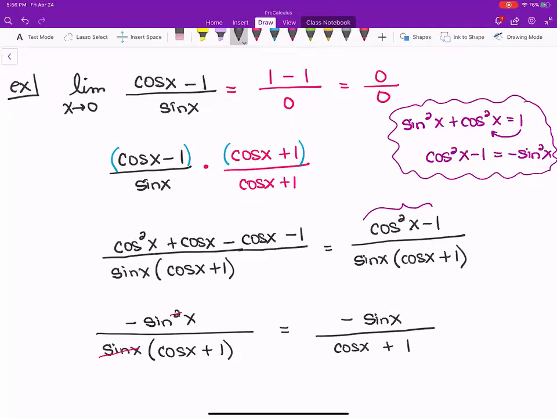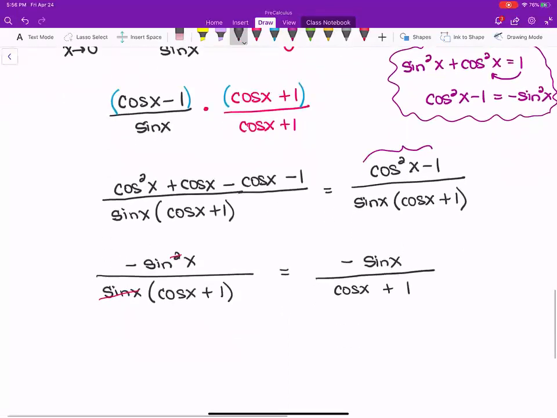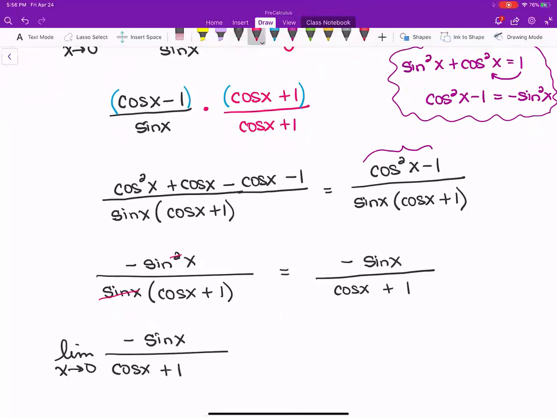All right. So now back to my limit. It's not really simplified, it just looks different. So it's probably going to be helpful for us. All right, so now I'm going to try and evaluate this through direct substitution, plugging in 0.